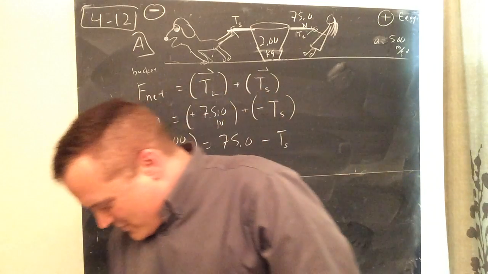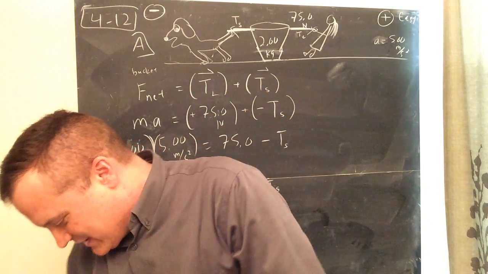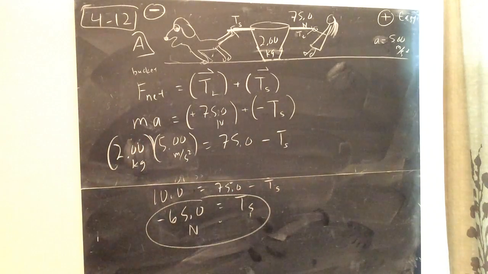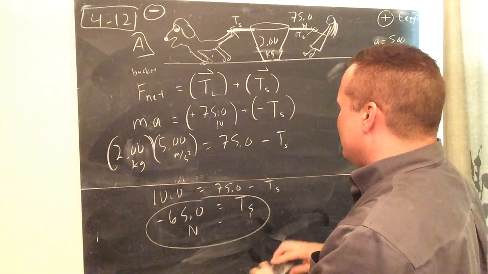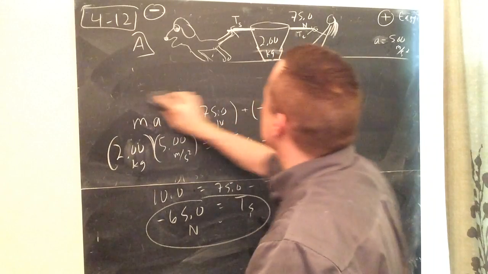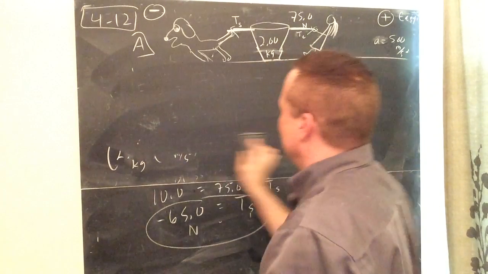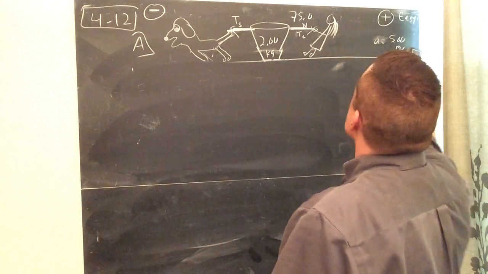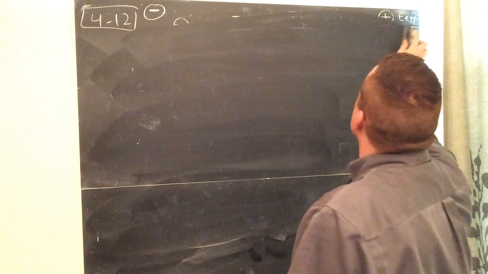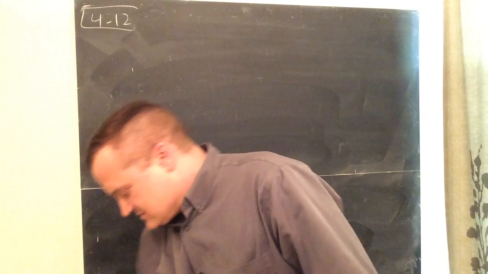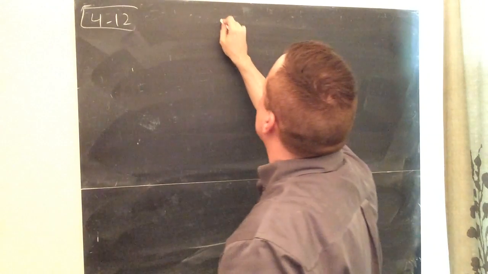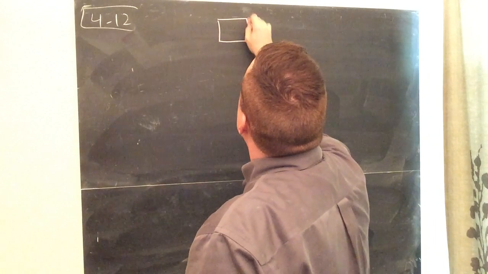But what if there were more objects involved being dragged along, like a train car? So I'm going to do one more little sample for you here. Now for letter B, we have block A and block B connected.